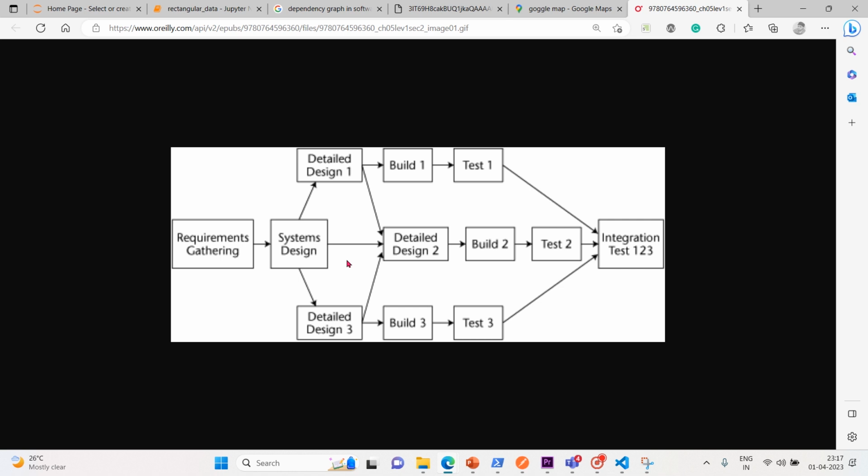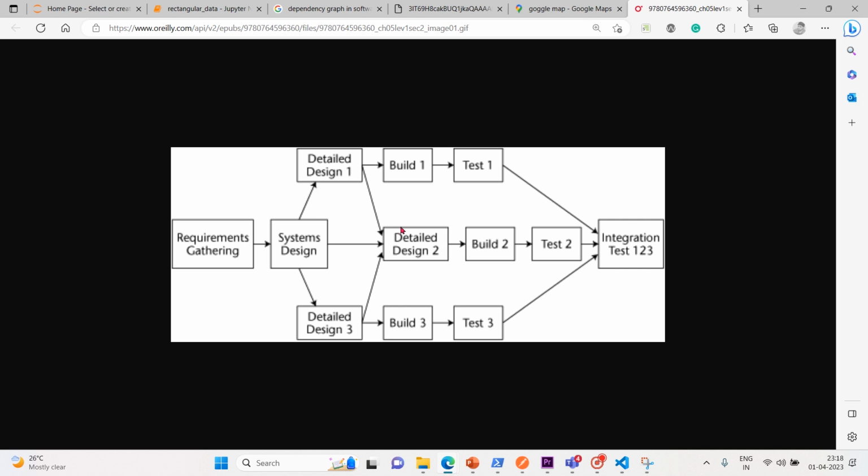Most probably a business analyst comes into the picture and takes this huge work on his shoulders. Then it goes into system design, with detailed design 1, 2, and 3. From there, in parallel, it goes to build 1, test 1, build 2, test 2, build 3, test 3. We are talking about the agile methodology, and then finally you integrate all the components together.